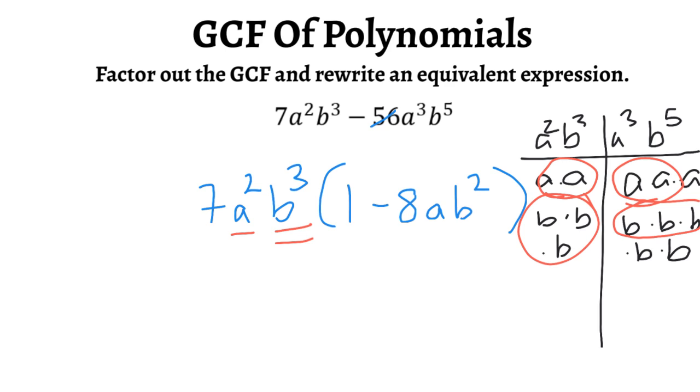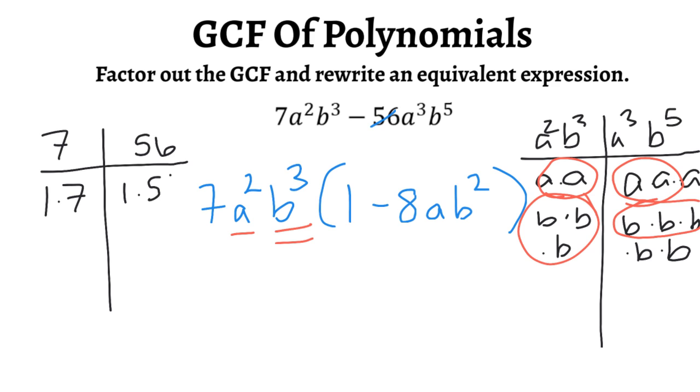With the numbers, I can make a table on the left as well. That's how we started this process. 7 and 56. This is just 1 times 7. This one is 1 times 56. We have also 2 times 28. And we have, let's see, 7 times 8.